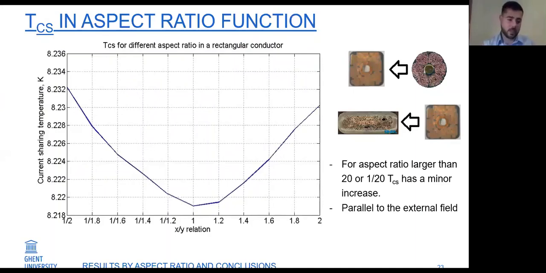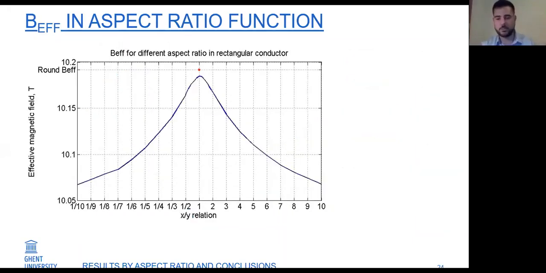Well, if we compare whether it is better if the conductor is in the same line as the external magnetic field or not, we see that when the aspect ratio is larger and this line is in the same direction of the magnetic field, there is a very tiny, better performance, but it's also important to see it.